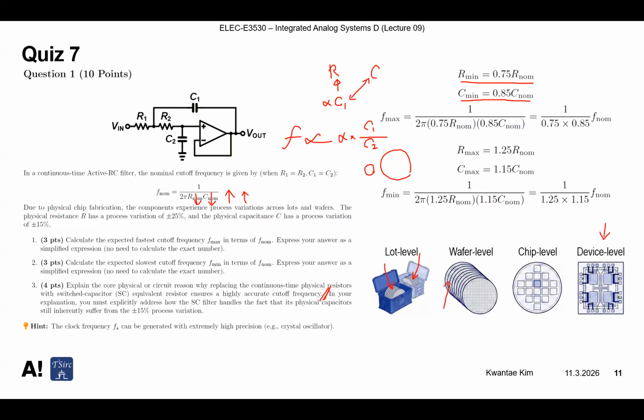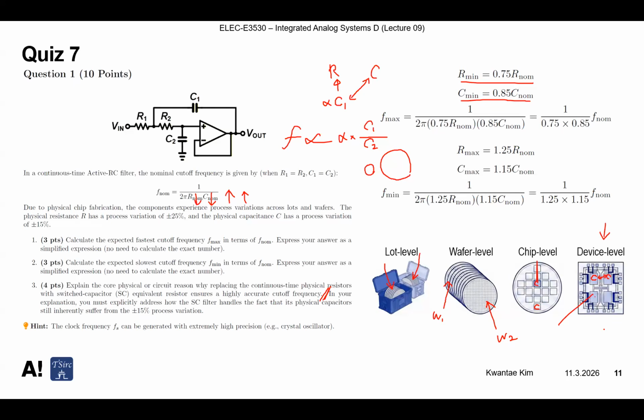Or if the process of fabricating the capacitor is different for wafer 1 and wafer 2, then definitely wafer level variation will exist. Or if we put C here and C here, then chip level variation will exist. But if we put capacitors at device level, very close to each other, this is still in our chip design world, this is too far away.